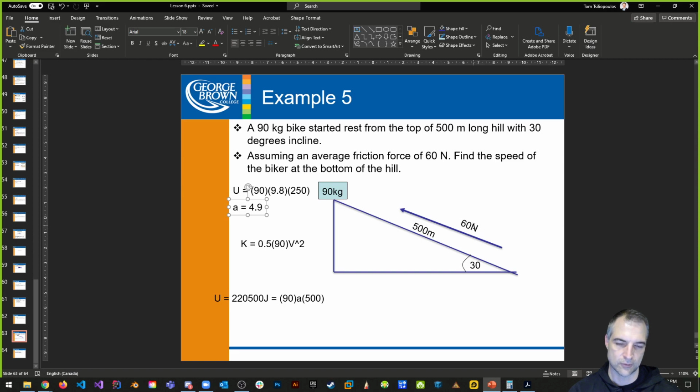If we have 60 newtons and we have the kilograms, we know what mu is. Mu times mg, we can break this down. We also know that 60 newtons is the force, which is mass times acceleration. That's the negative acceleration that we would have in the opposite direction, and it's applied to the mass.